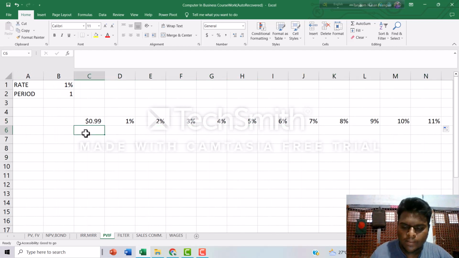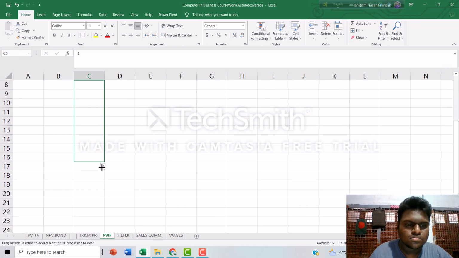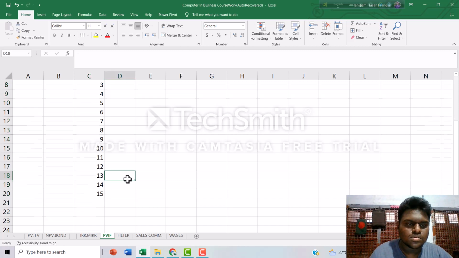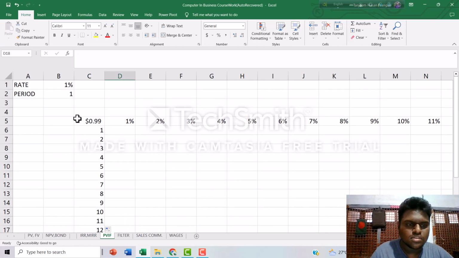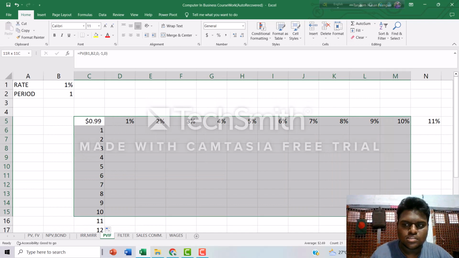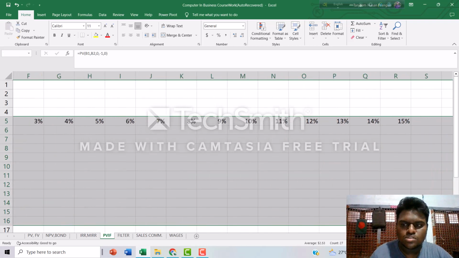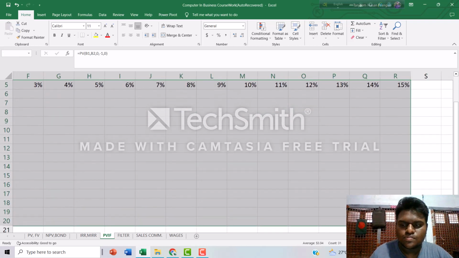Then here also 15%. Yes, 15%. Then we have to select the table all the way from 15% to 50.